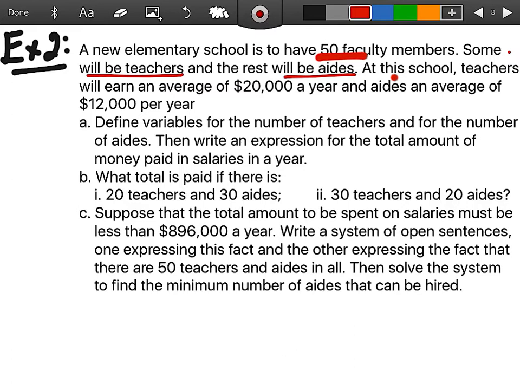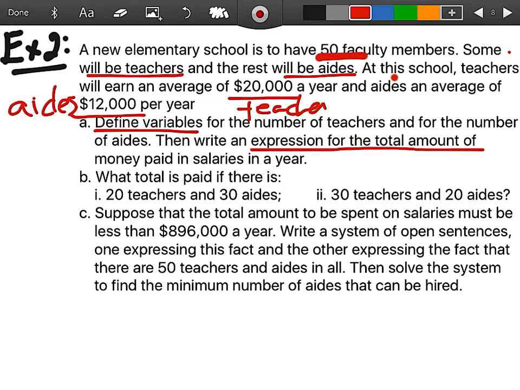At this school, the teachers will earn an average of $20,000 a year, and aides $12,000. They want us to define variables, and write an expression for the total amount of money paid in salaries.